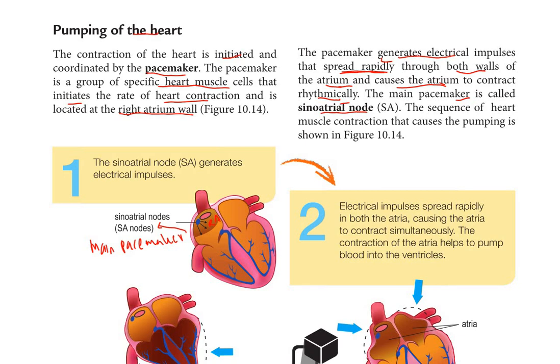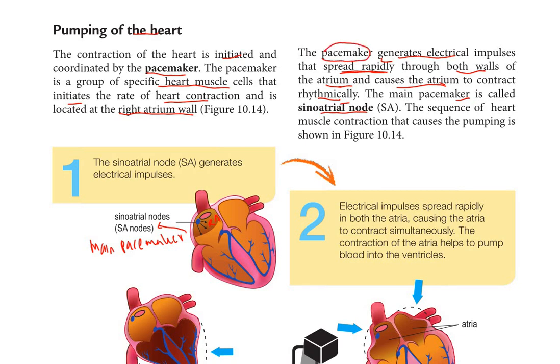The impulse comes from this pacemaker and makes the cardiac muscle contract and relax. So they don't have to wait for the impulse from the nervous system.